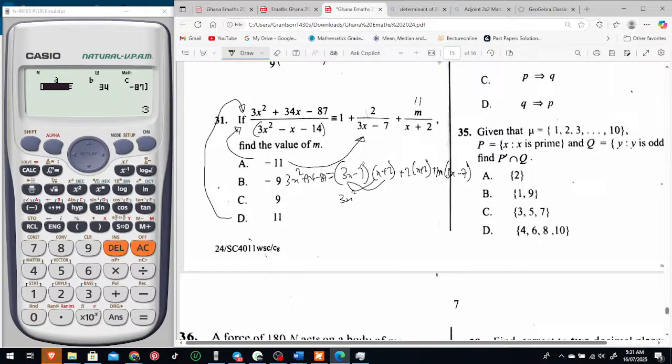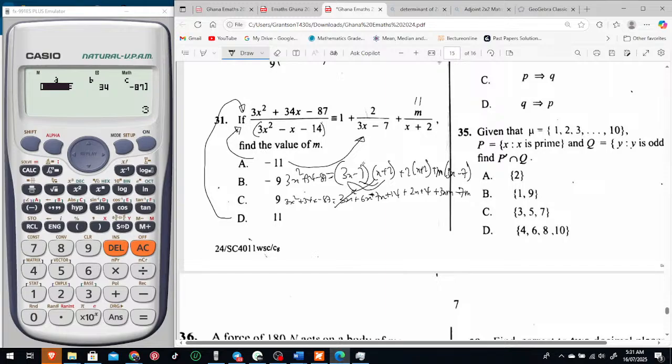This one gives you 6x. This gives you negative 7x. Plus 14. Plus 2x plus 4. Plus 3xm minus 7m. Equals 3x squared plus 34x minus 87.